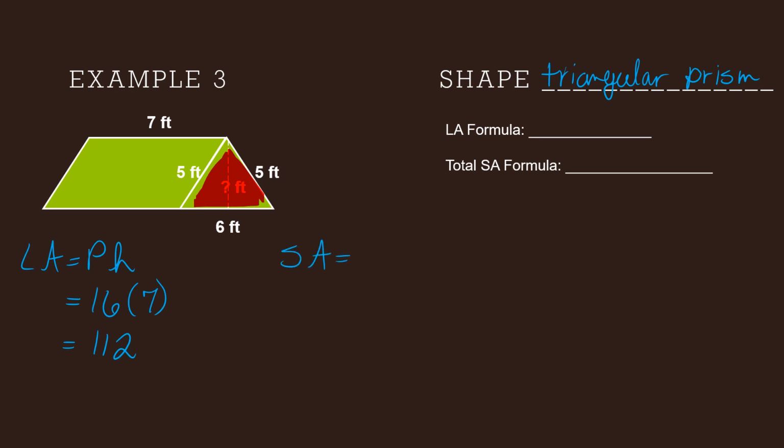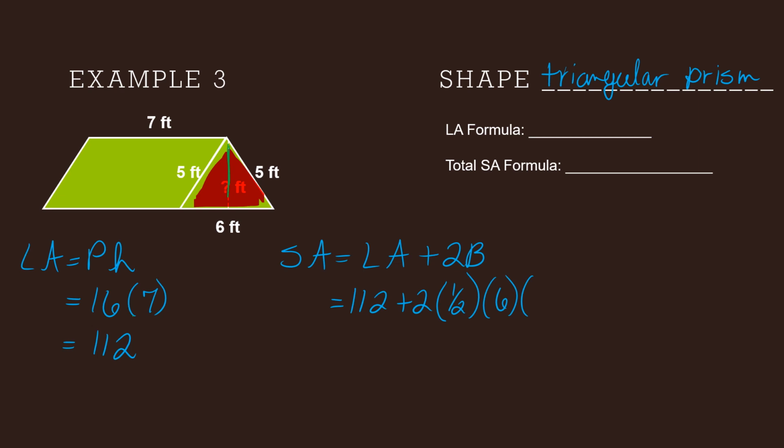So now surface area is my lateral plus 2 bases. So 112 plus 2, and then since I have a triangle, I'm going to use the triangle formula, one half times the base times the height, which we don't know yet. They didn't give it to us. So we need to find the height of this triangle real quick.